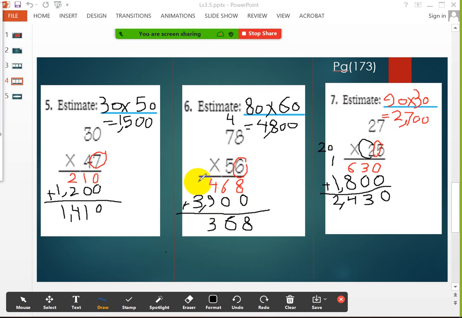You have to be quick. I have to put 3 here and 1 above the 1,000. 1 plus 3 equals 4. Very good. Thank you so much, Rimas. So the final answer is 4,368. Now the last exercise is number 7.